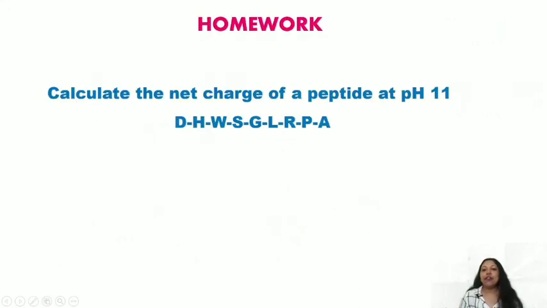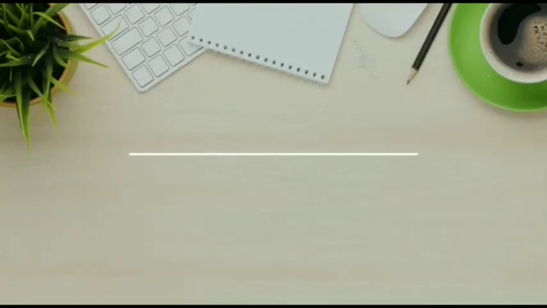So for more practice, I have given you the same peptide to calculate the net charge at pH 11. So revise this lecture again and again, and not only this question, find other questions also and calculate the net charge, and you can comment your answers in the comment section. Okay, happy learning.